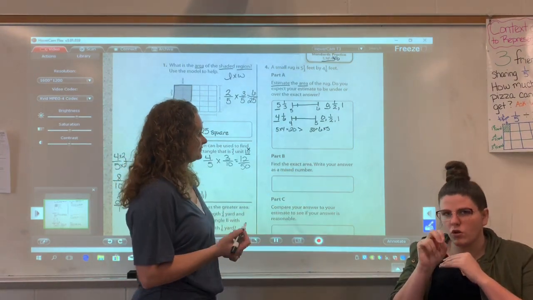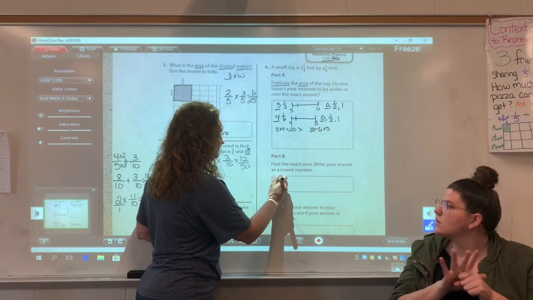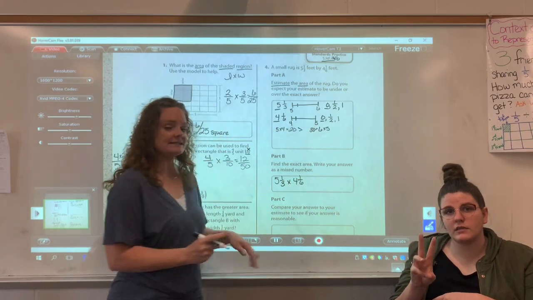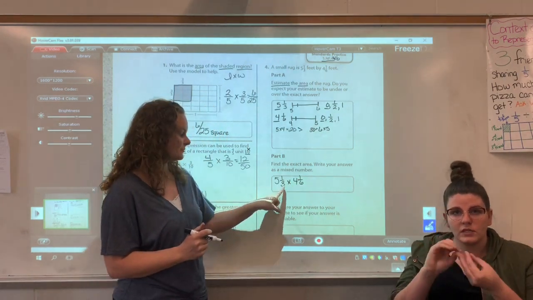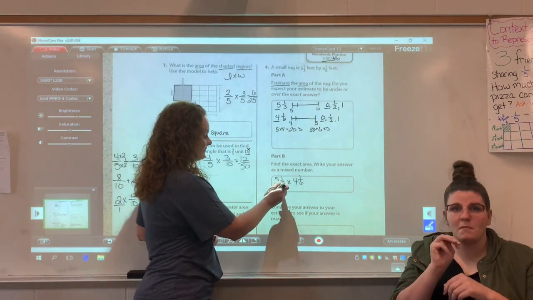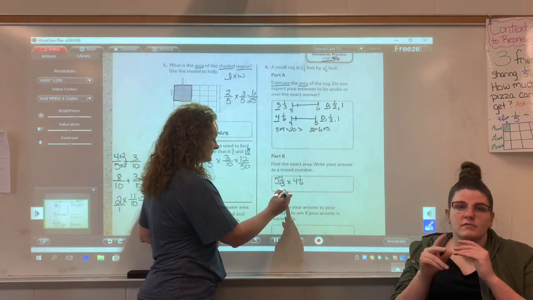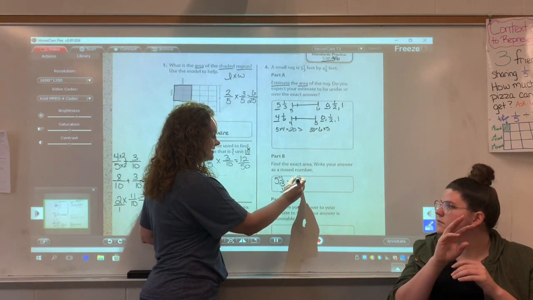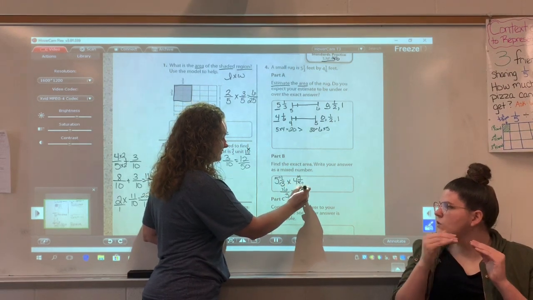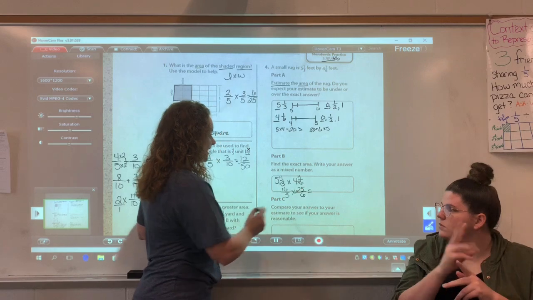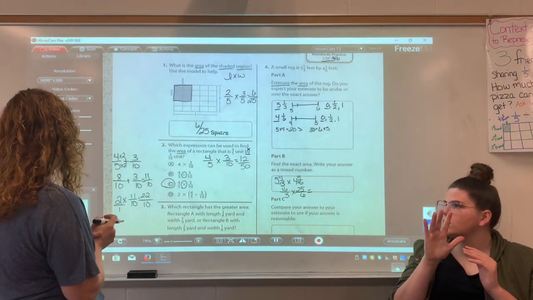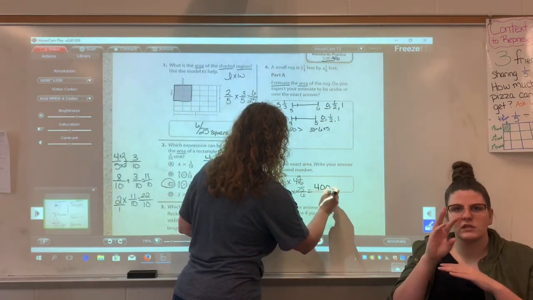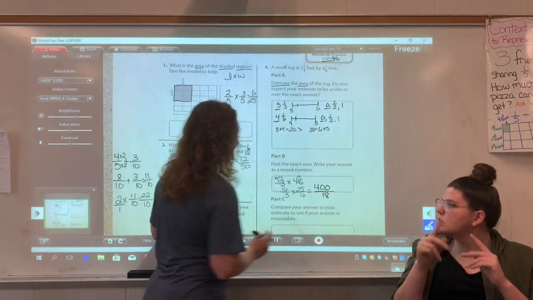Finding the exact area. If I want to find my exact area, I have 5 and 1/3 times 4 and 1/6. I need to take these mixed numbers and make them improper fractions, which means I multiply, I add, and I keep my denominator. 5 times 3 is 15, plus 1 is 16/3. 4 times 6 is 24, plus 1 is 25/6. And I would have 16 times 25, which is 400/18.